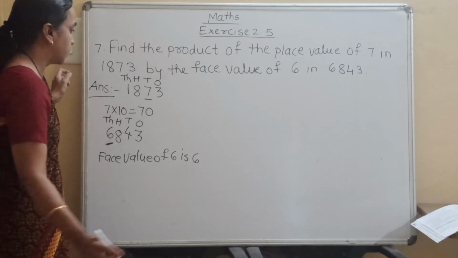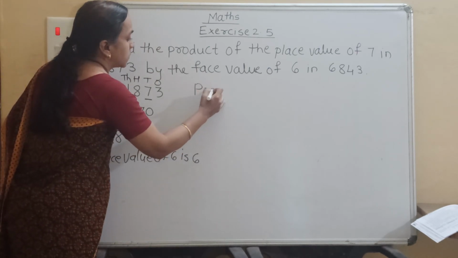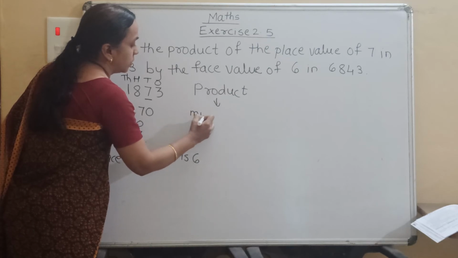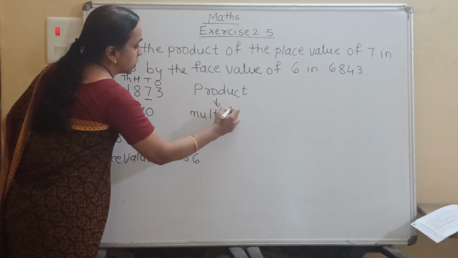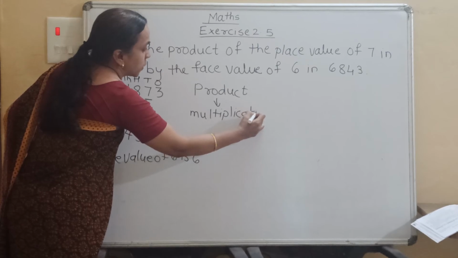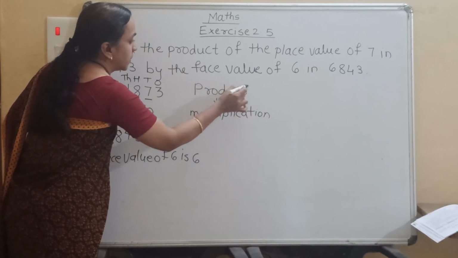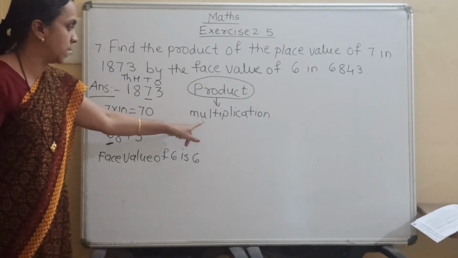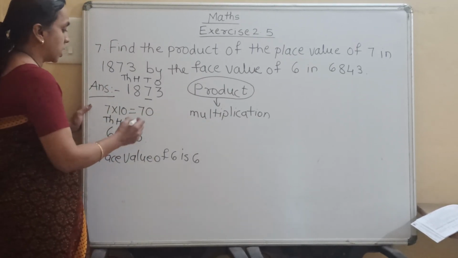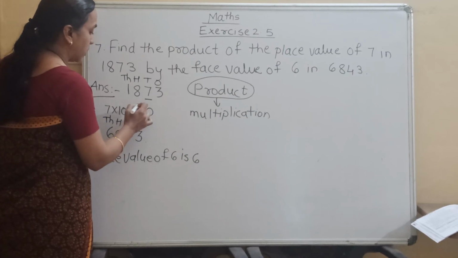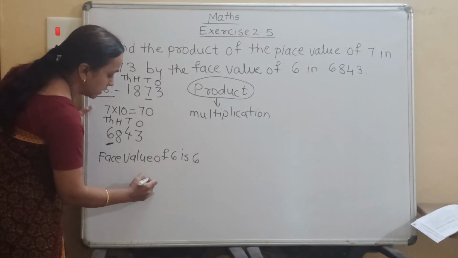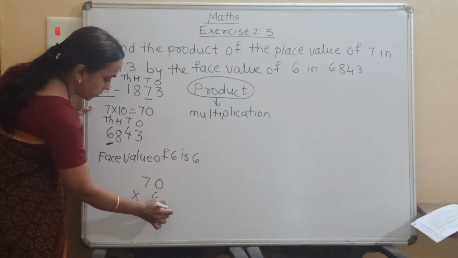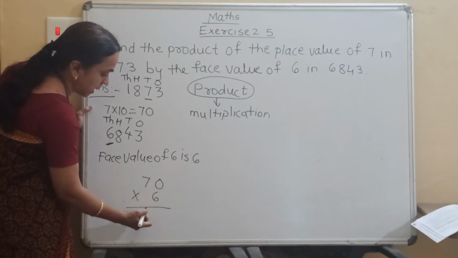Okay. So what do we have to do here? Find the product. Product means what? Product means we have to do multiplication. Whenever this word product comes, we have to do multiplication. So what do we have to do here? We have to multiply this 70 and 6. So write down 70 multiplied by 6.